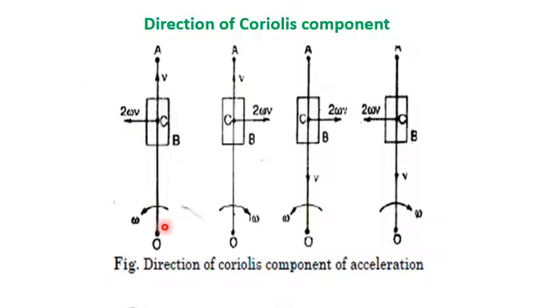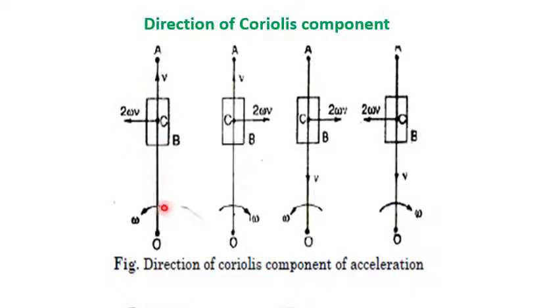In the first case, you can see the velocity component is acting in the forward direction. In that case, the Coriolis component will follow the direction of rotation of the link.